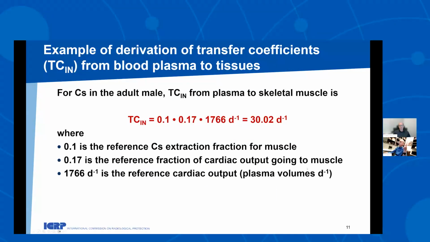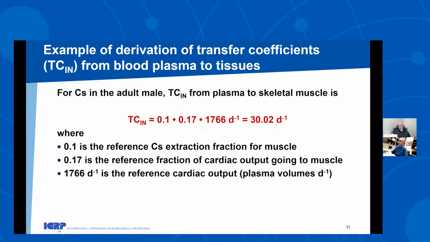And here's an example of derivation of the transfer coefficients using the blood flow model. This is a transfer coefficient from blood plasma to tissues in an adult male for cesium. The transfer coefficient, in simplistic terms, just tells you how fast the element is being transferred from one tissue to another, or one region to another.